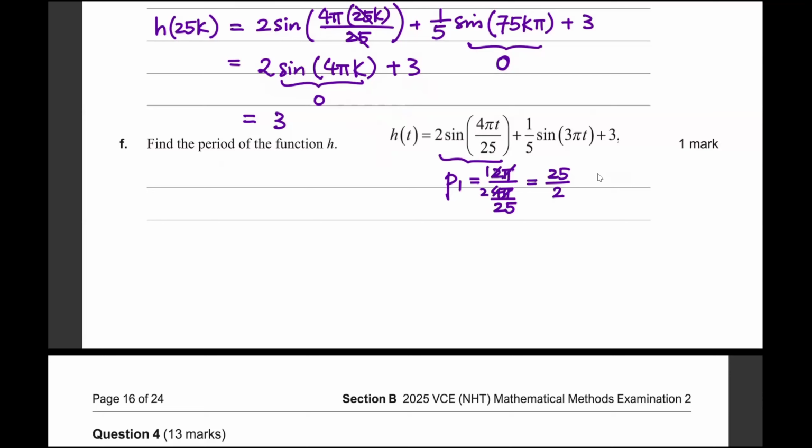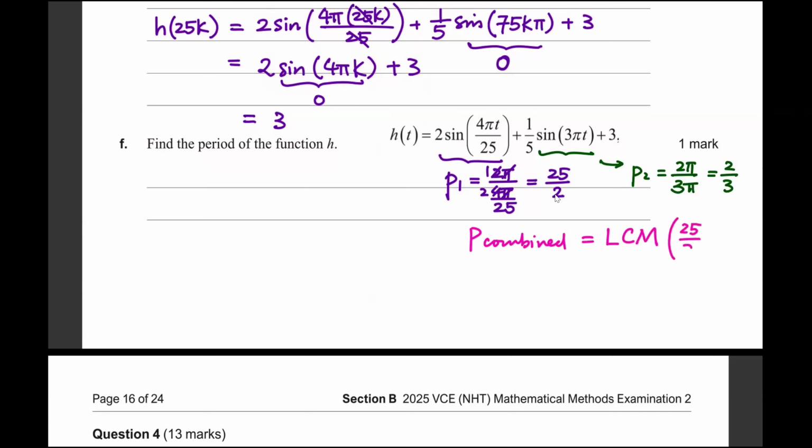And this thing here will have P2 equal to 2 pi over 3 pi, which gives you 2 over 3, okay? In order to find the combined period, I'm taking the lowest common multiple between the two separate periods.